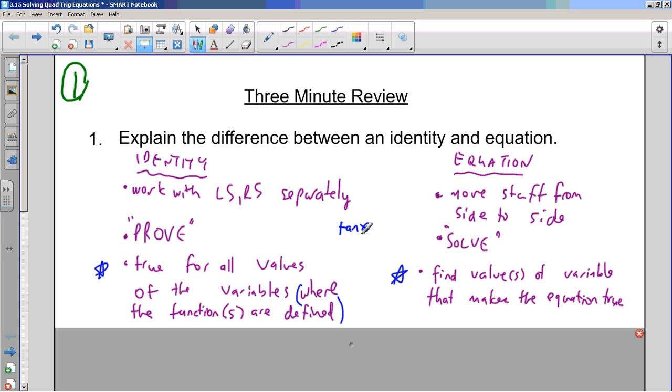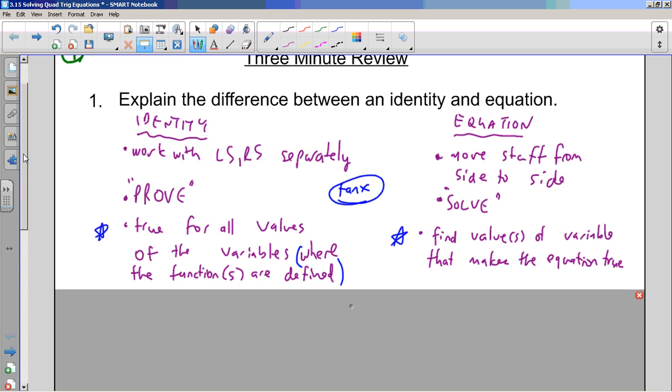Things like tan x and cosecant x aren't always defined, but for all other values where they are defined, it's an identity. Whereas with an equation, we're asked to find values of the variable that make the equation true. Identity, it's always true. Equation, we're asked to find the values where it's true. That's what solving means.